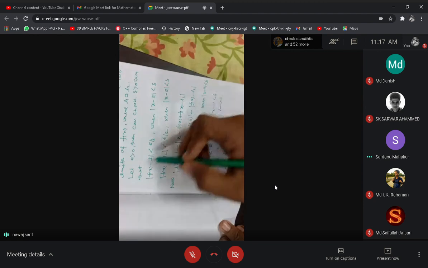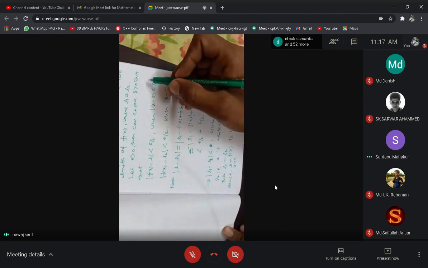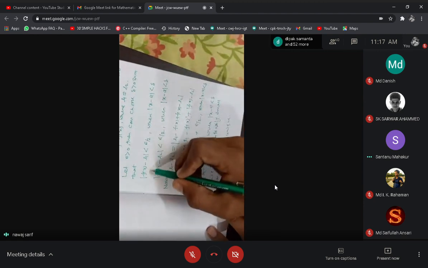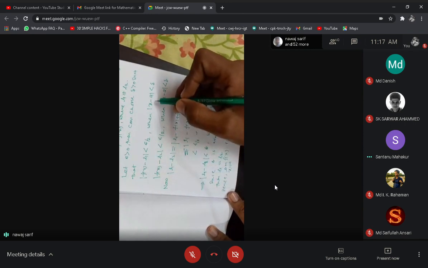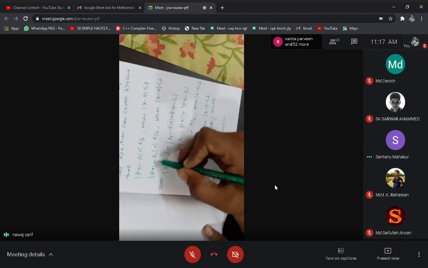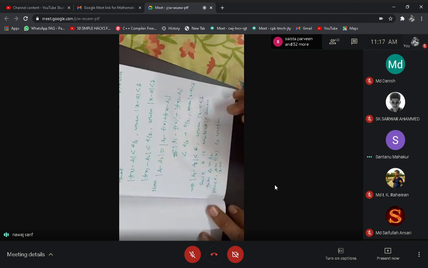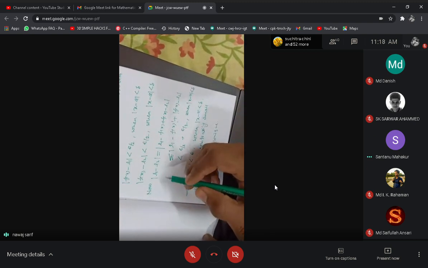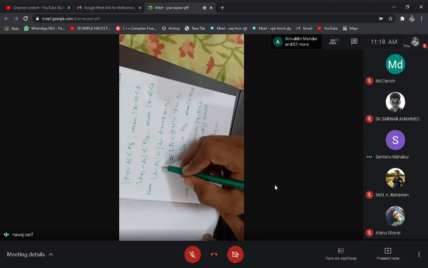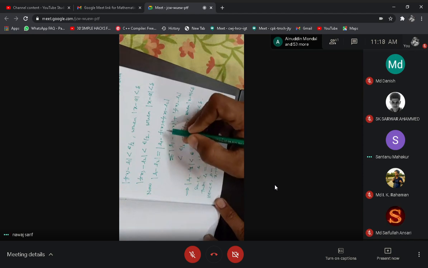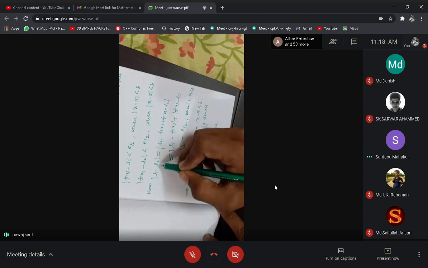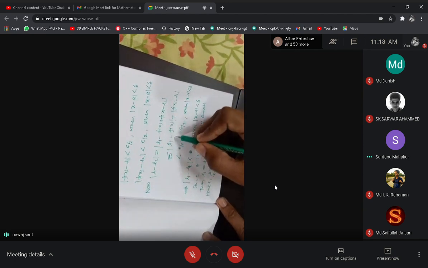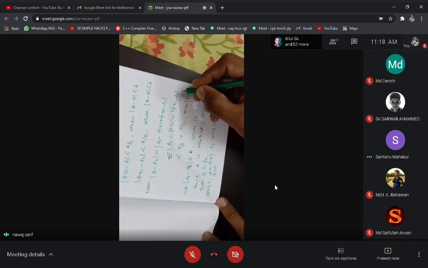So applying the epsilon delta definition of limit, we saw that mod of fx minus L1 less than epsilon by 2 when mod x minus a less than delta, and similarly for L2. And our aim is to prove that this limit is unique. So we have written mod of L1 minus L2 equal to this, and we just add and subtract fx to this one, and this must be mod of L1 minus fx plus mod of fx minus L2.